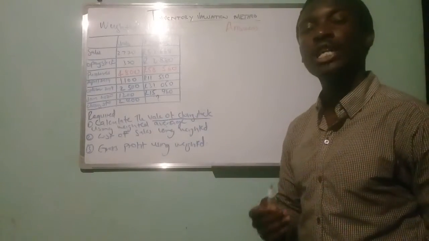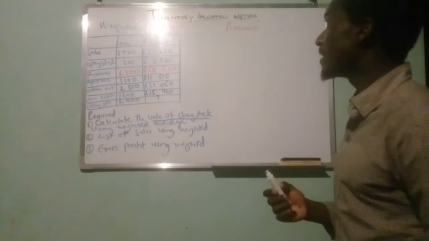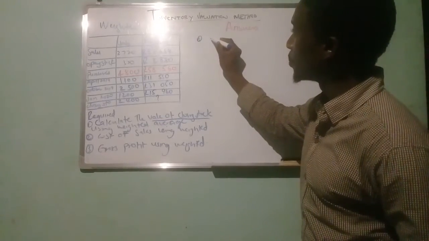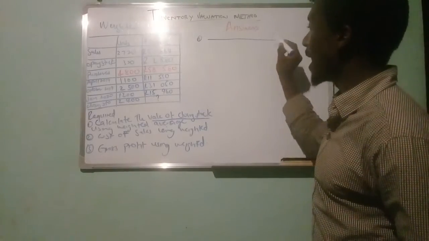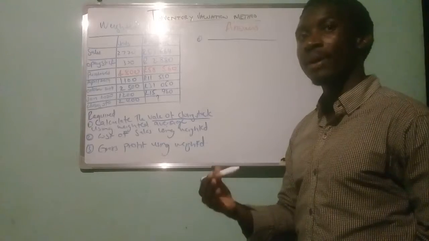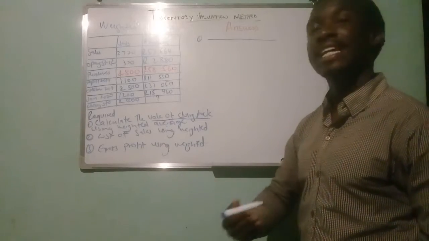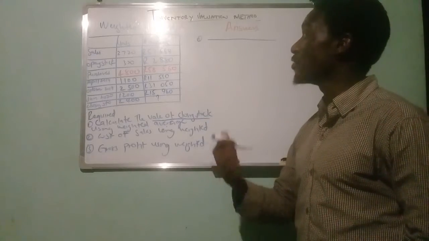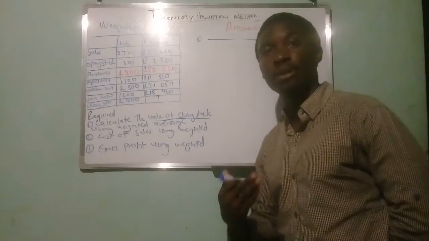There is a formula that we use in the weighted average method. I always say the best approach is to draw a line. Why do we draw a line? We want to separate the figures and the units. All our figures, which are amounts, will be in the numerator, and our units will become our denominator.